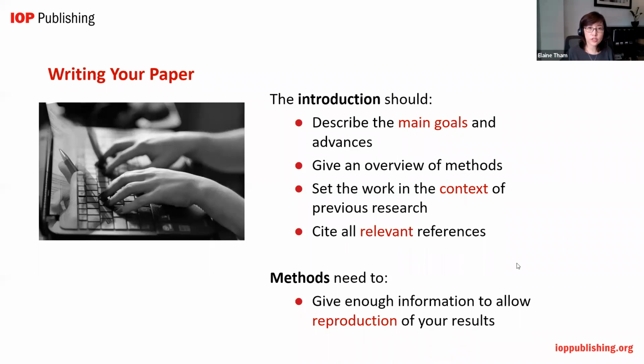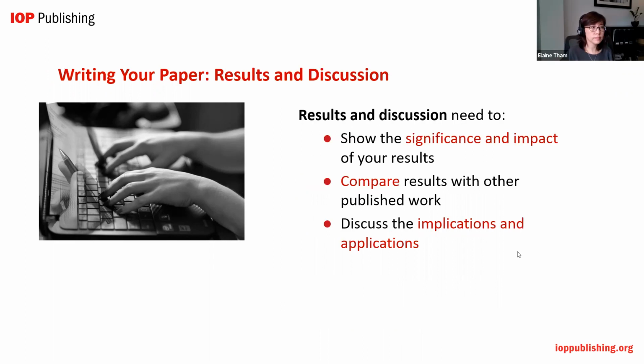In the methods section, make sure you provide enough information to enable others to reproduce your results. In the results and discussion sections, demonstrate the significance and impact of your results, and if relevant, compare your results to other published work. Here you should also discuss the implications and applications of your work.